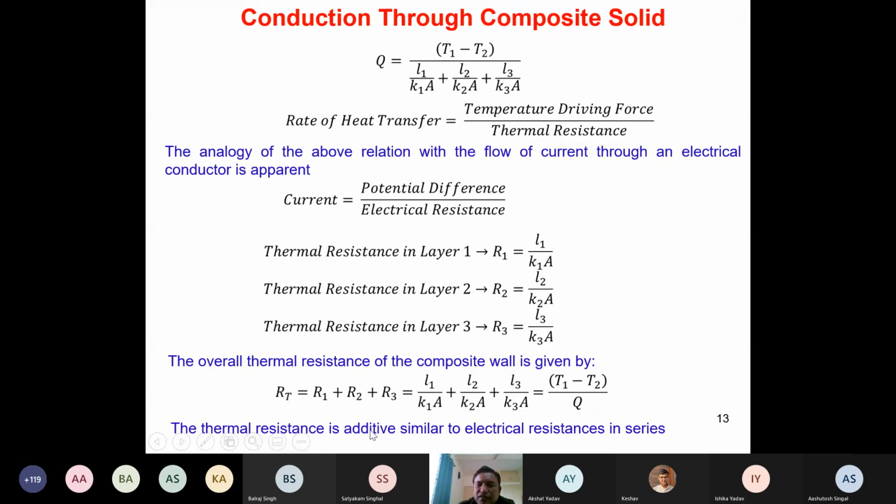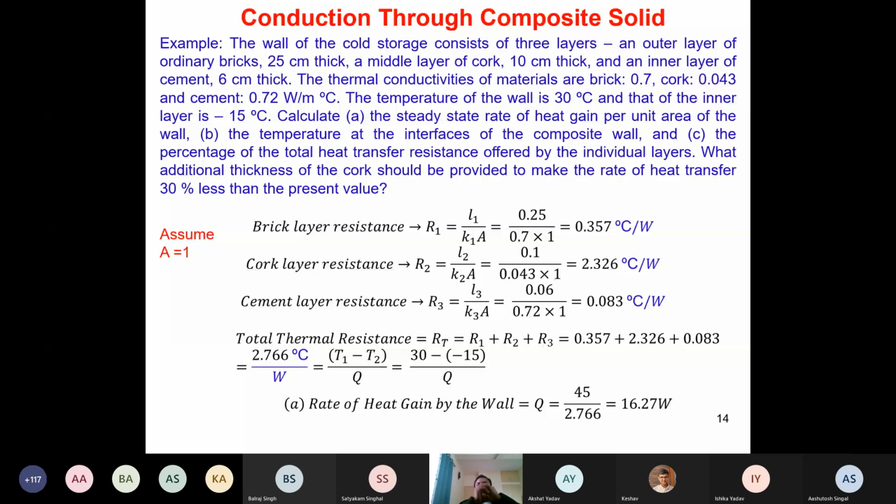So thermal resistance is additive, similar to electrical resistances in series. Okay.